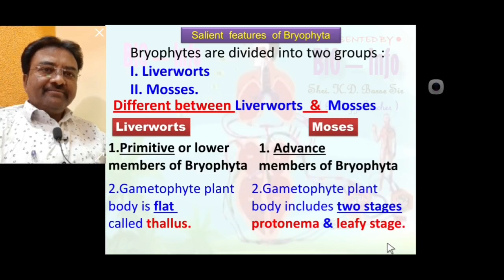Always remember, in liverwort, the primitive member of Bryophyta, the gametophytic plant body is flat and thalloid, while in mosses the gametophytic plant body includes 2 stages, protonema and leafy stage. Up to this we discussed 2 differences between the characters of liverwort and mosses.